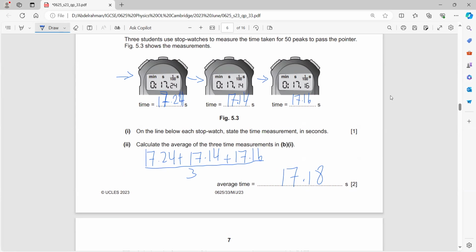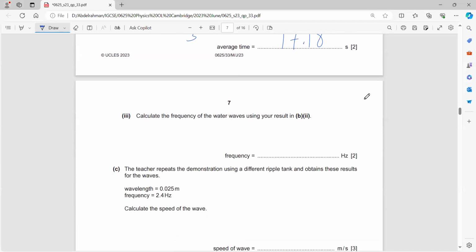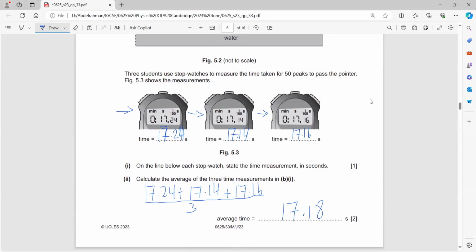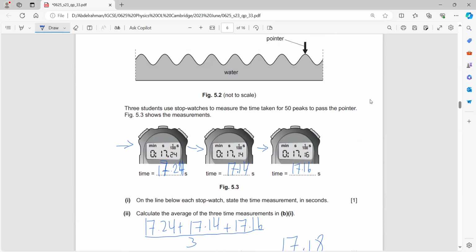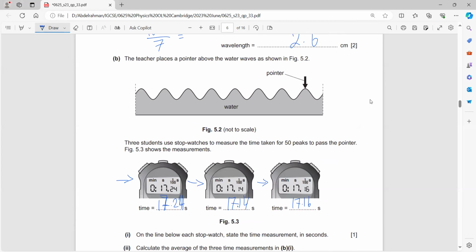Next question, he wants to find the frequency. How can I find the frequency? Number of waves over time taken. Frequency equals number of waves over the total time taken. What was the number of waves? 7? Wait, that's something else. 3 students use stopwatches to measure the time taken for 50 peaks.